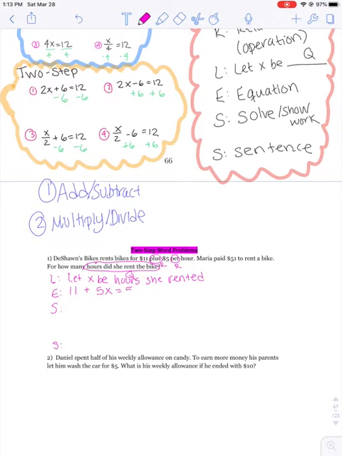So 11 plus 5x equals 51. Let's check and make sure it matches one of the options in my orange cloud. To me, it actually looks like option 1, except the components are switched. I have 5x second instead of 5x coming first. But that's okay. In an addition equation, you're allowed to switch whatever you're adding to the different order.